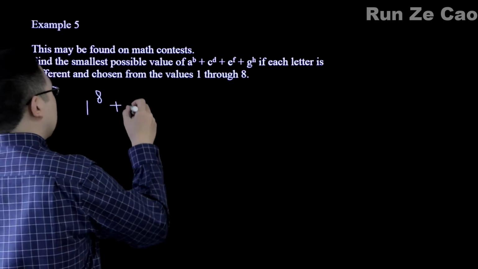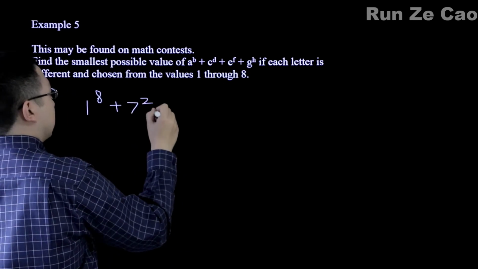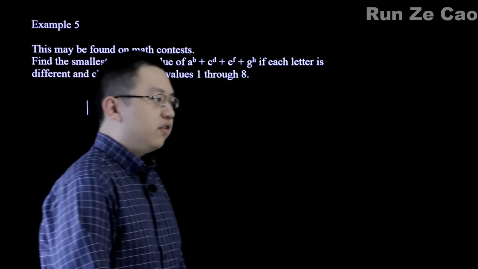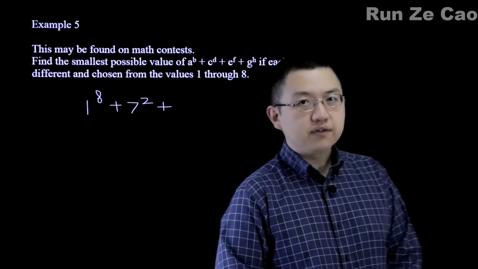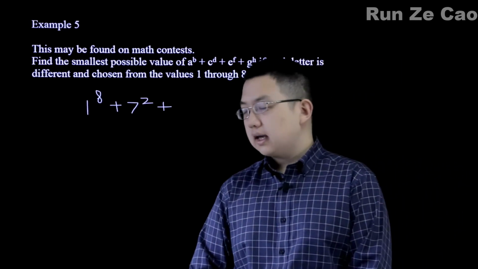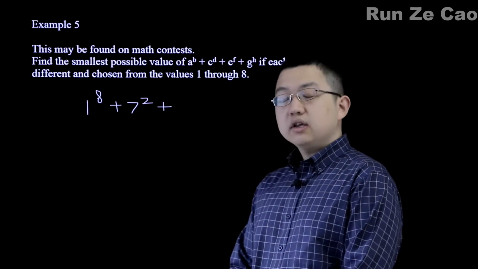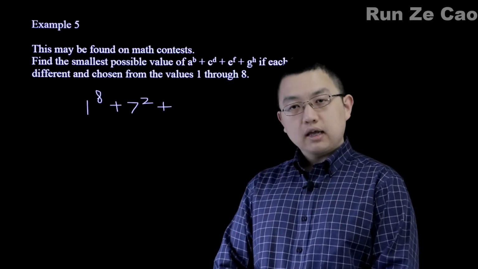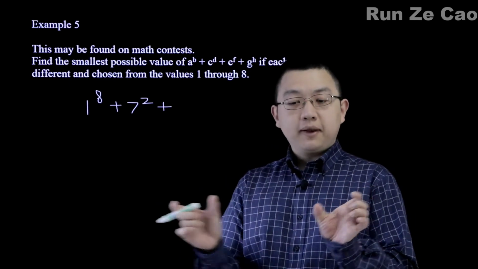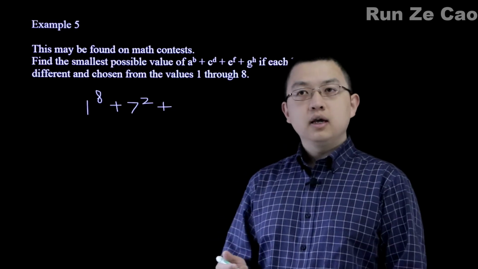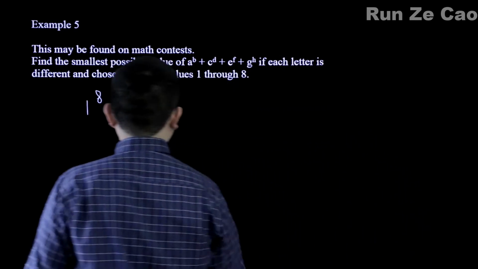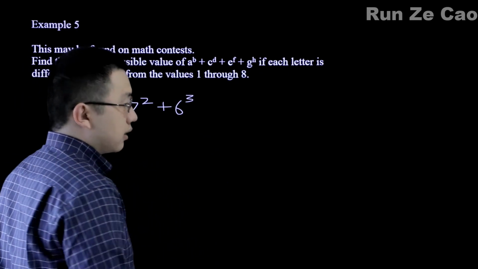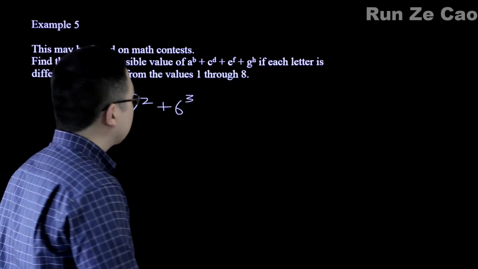So this is going to be 7 to the power of 2 plus 3 to the power of 6 versus 6 to the power of 3. Well, the thing is, 3 squared is going to be 9. 3 groups of 3 squared multiplied together is going to be 9 to the power of 3, which is clearly going to be bigger than 6 to the power of 3.